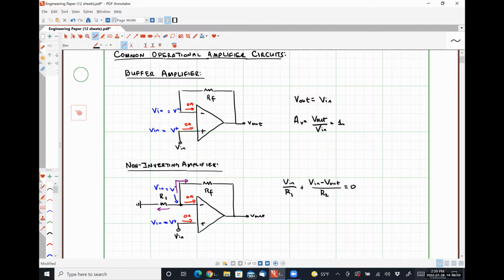And with a little bit of algebra, I find that V out is equal to 1 plus R2 over R1 times Vin. Excuse me, RF, thank you.